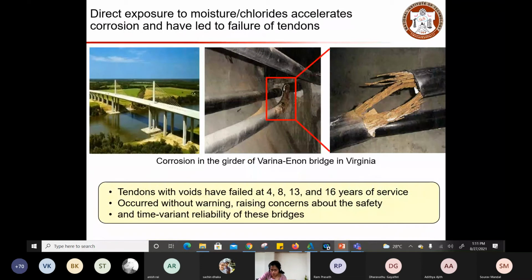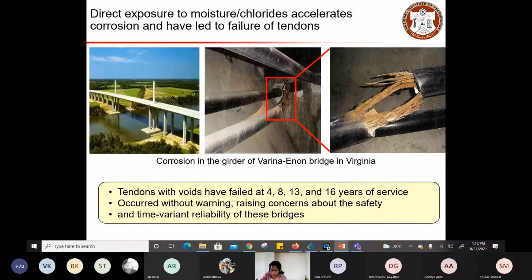These are other examples of such failures in real structures. This is a bridge in Virginia in the US. The girder of this particular bridge failed. If you look at the failed region, you can see it failed due to corrosion. Why did this happen?